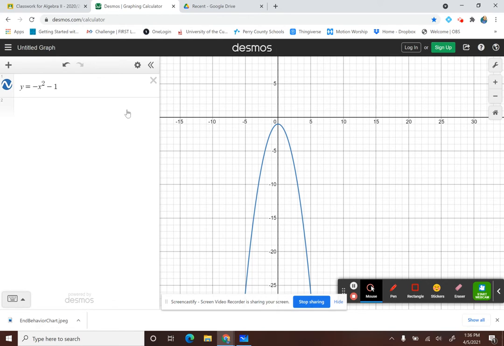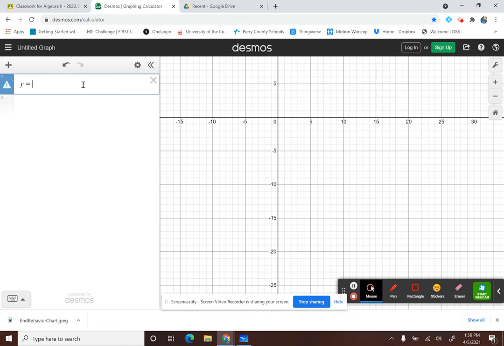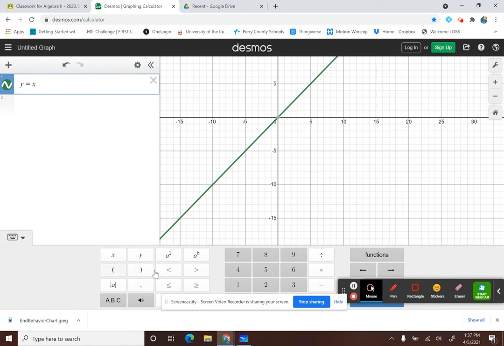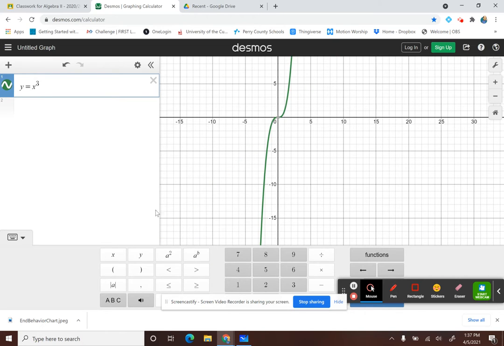Well, let's look at what happens when we take this up another level. Both of these graphs we've seen before, but now we're moving into new territory. So let's graph another one here, and we'll do y equals x to the third this time. It's already looking different than what we've seen before.